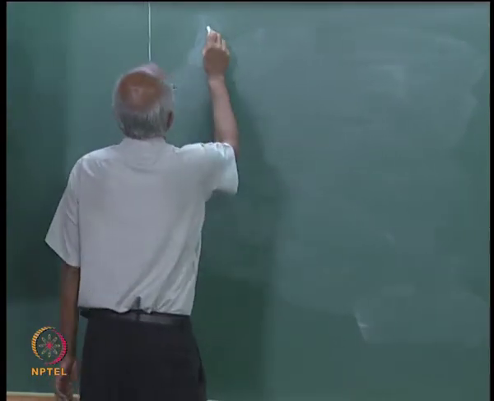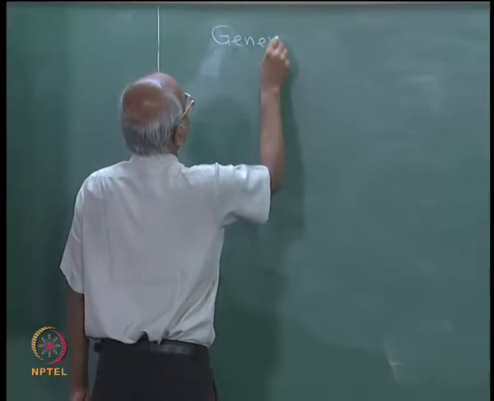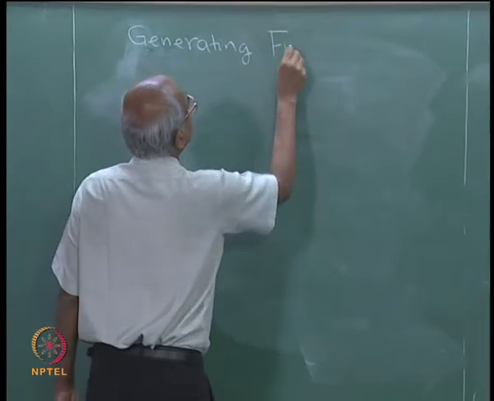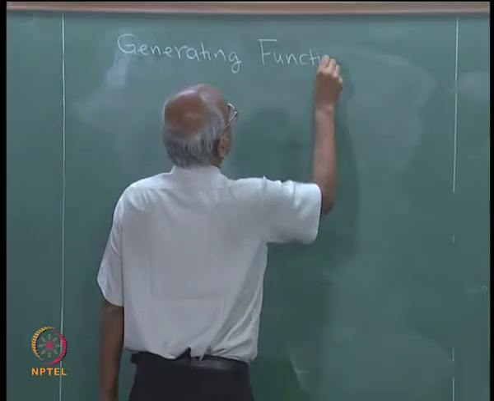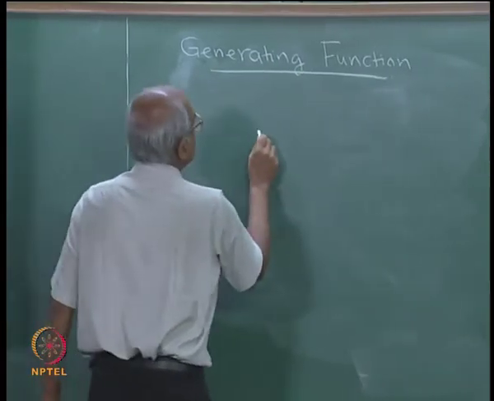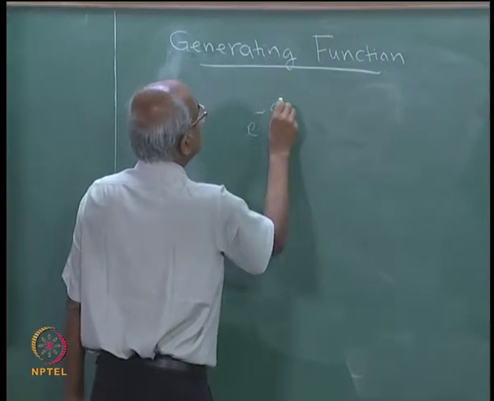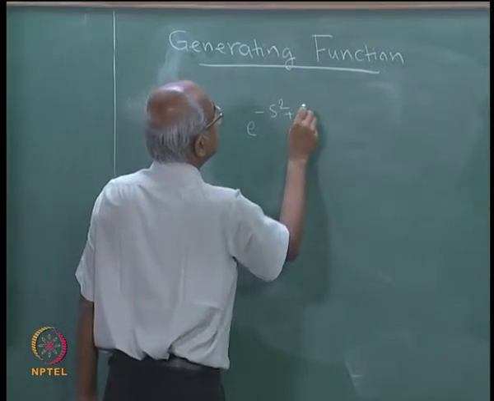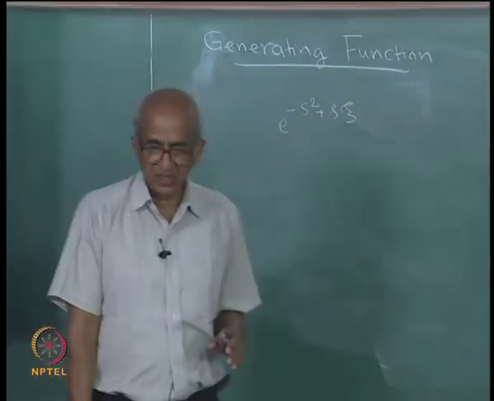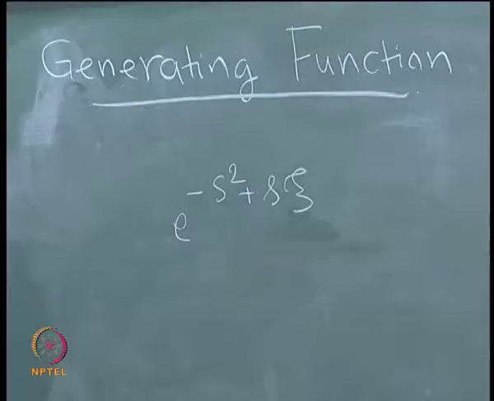So, what I will do is I will start with what is referred to as a generating function. See, here I have a function which depends upon two variables, one variable is s and the other is c.